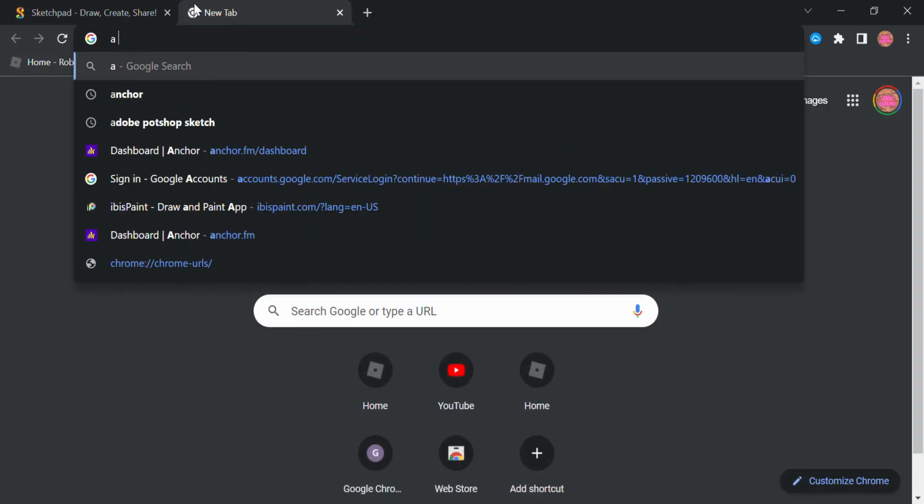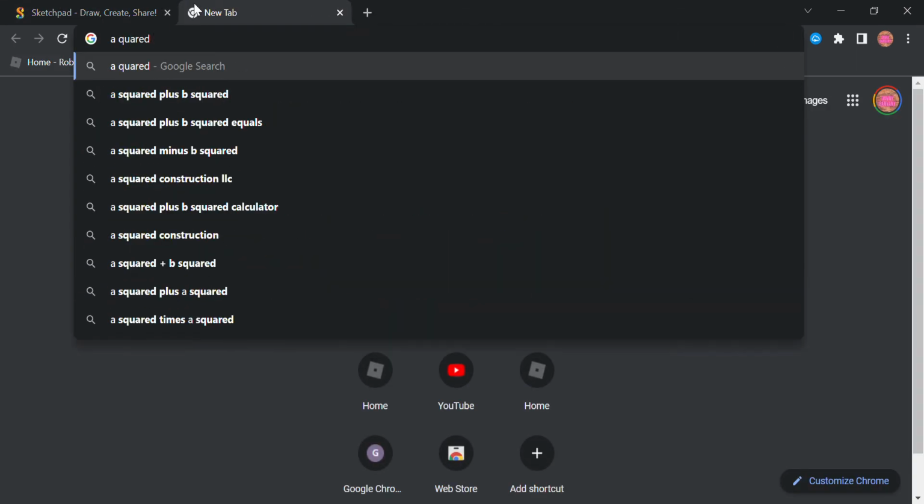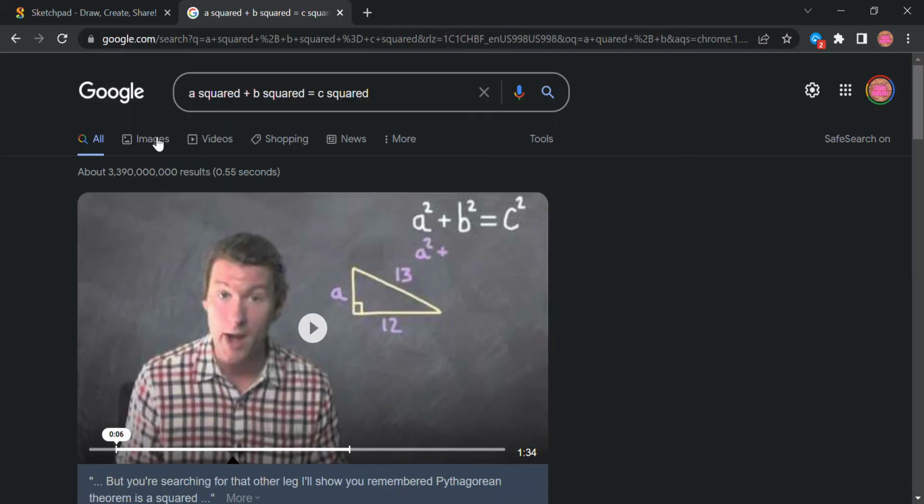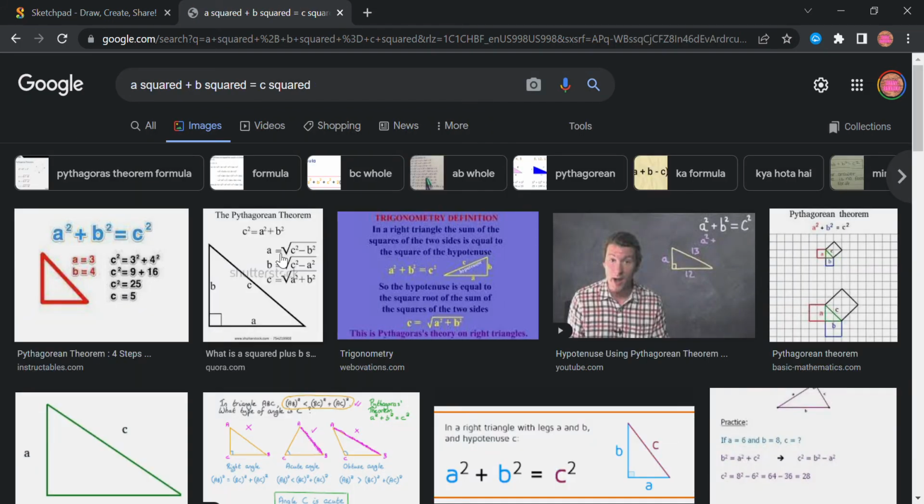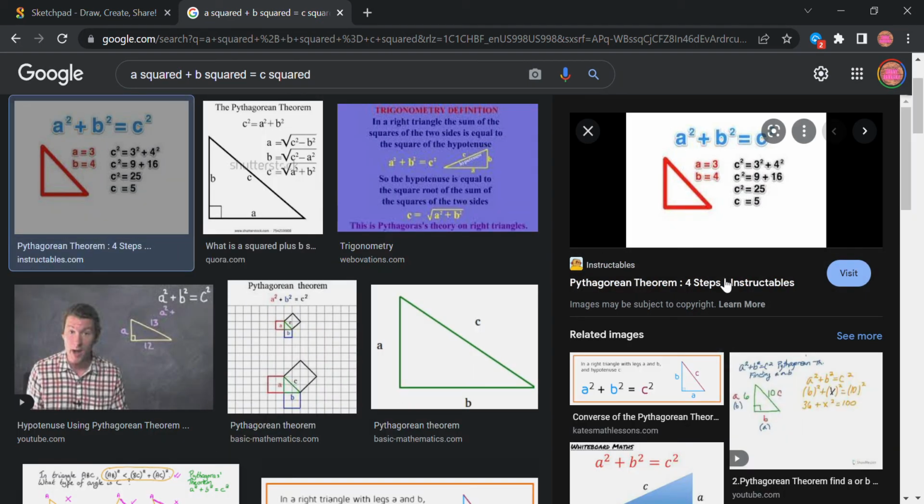Now I'm going to look up a squared plus, sorry, did I say equal? Plus, for example, because I'm very bad at this. So if c squared, that means c is 5.